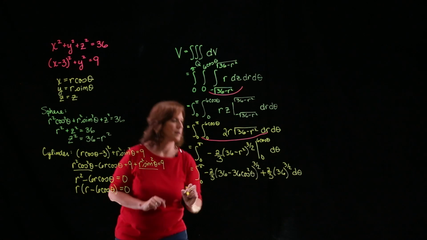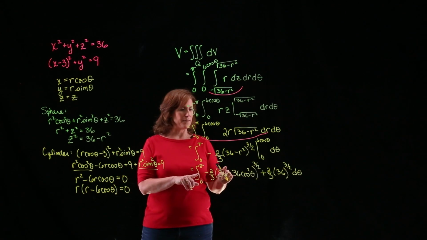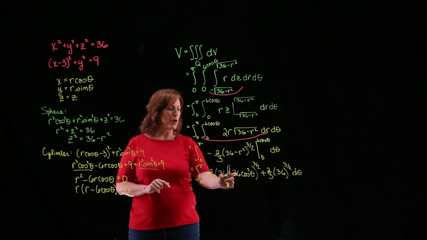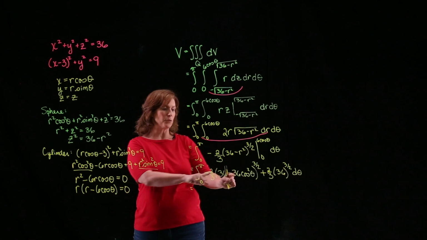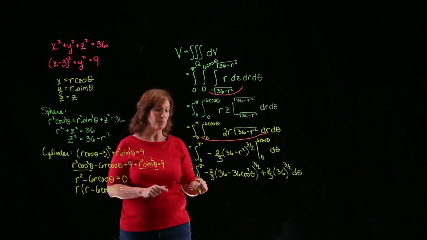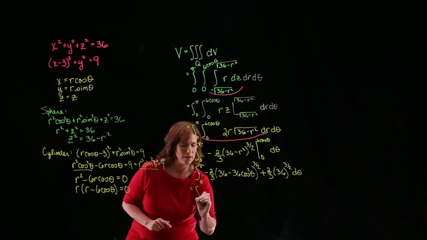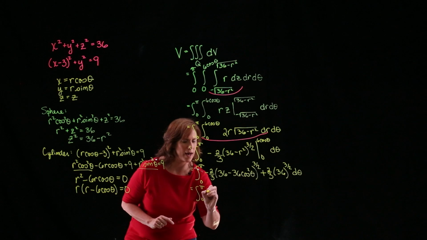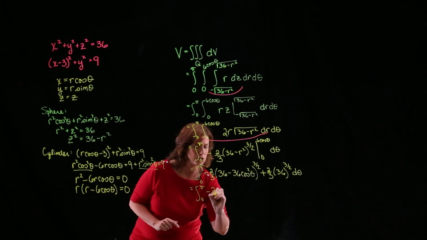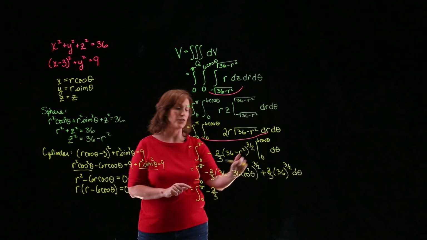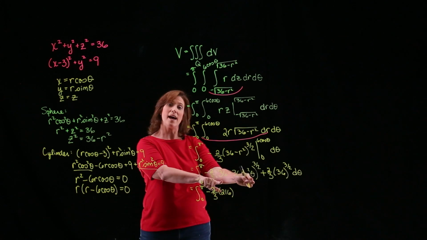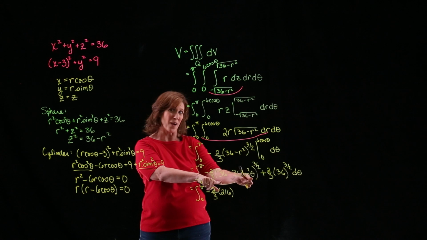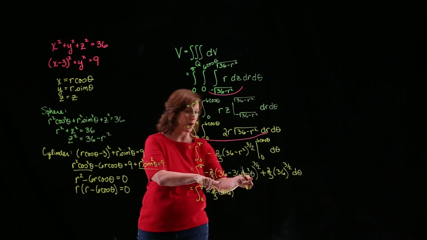All right. So now let's see if I can simplify some things here. I notice that I can factor a 36 out of this, but when I factor it out, it'll be 36 raised to the 3/2 power. So the integral from 0 to pi, I've got a negative 2/3, and I'll have 36 to the 3/2 power, which is 216. And then inside here, I'll have a 1 minus cosine squared, which is the same thing as sine squared.